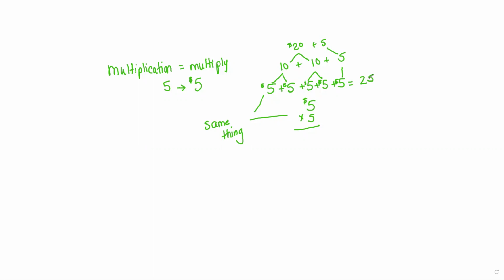So it would be 25. All right. That means that 5 plus 5 plus 5 plus 5 plus 5 and 5 times 5 are the same thing.